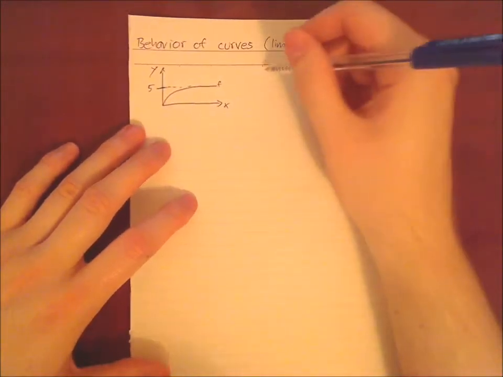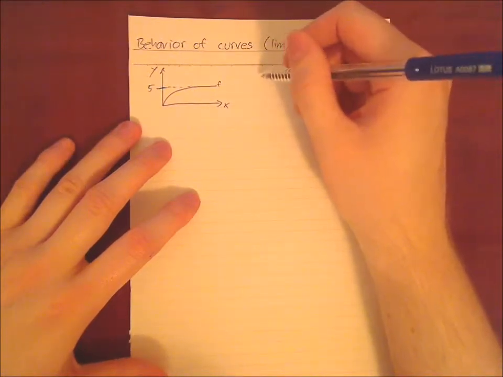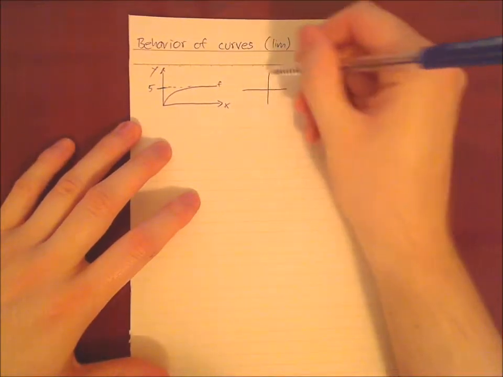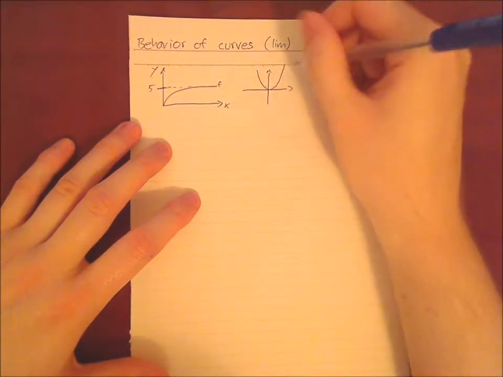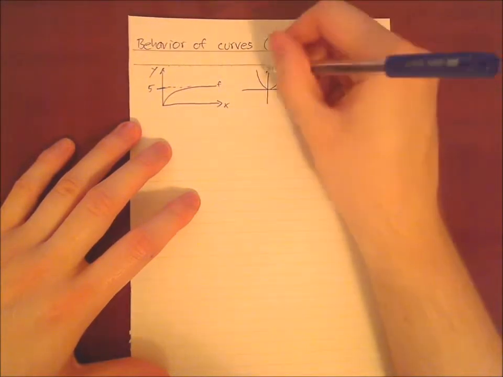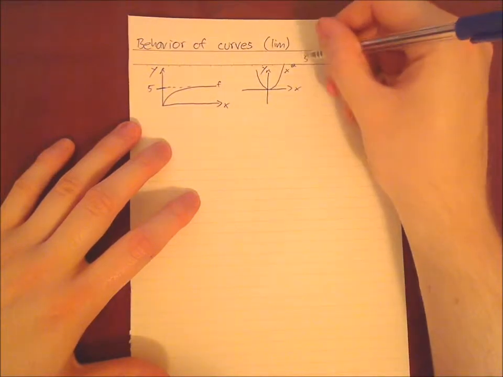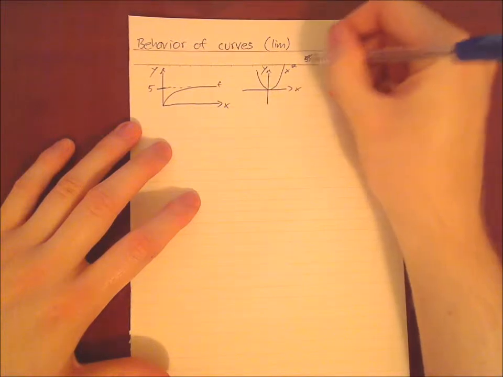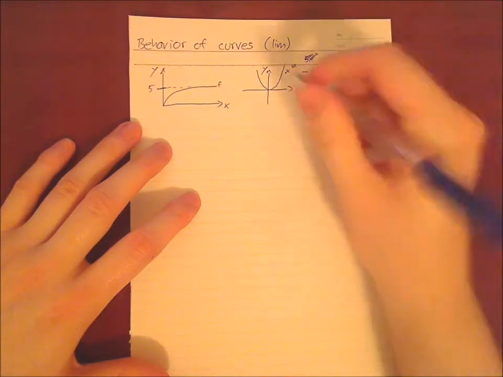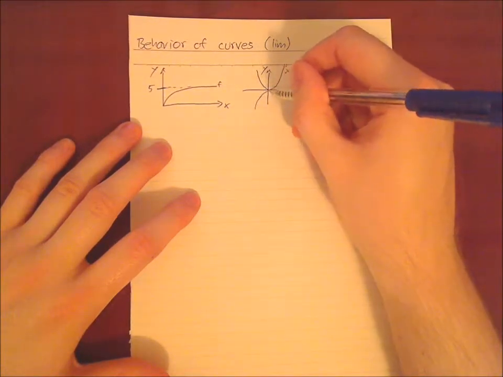Also, as I said, it is useful to have experience with how curves look. For example, a very important function is a parabola. When we have 5x to the power of 2, it looks maybe something like this. If we have minus x to the power of 2, it looks maybe something like this.